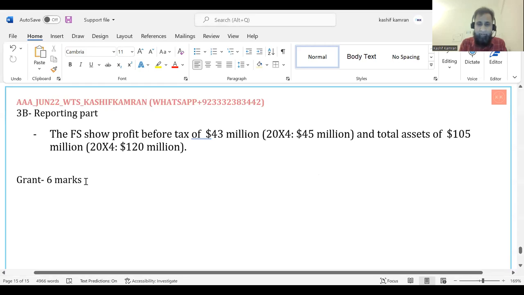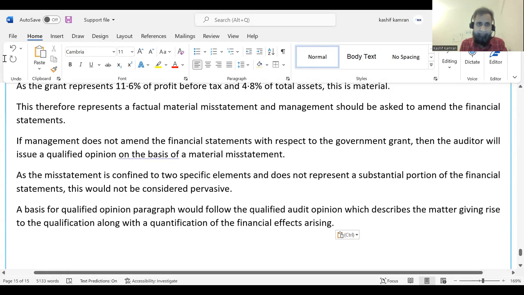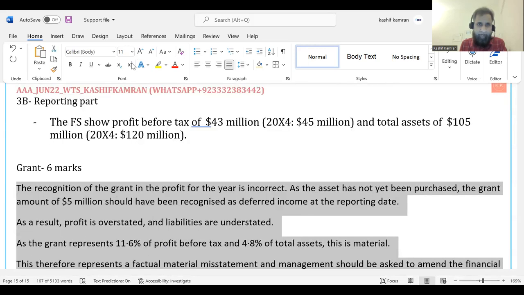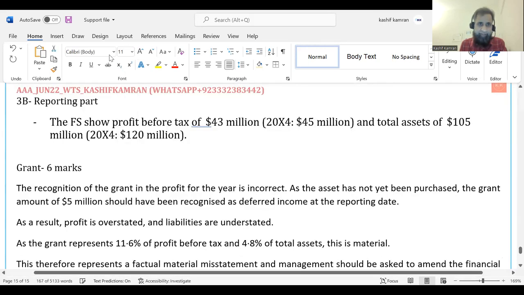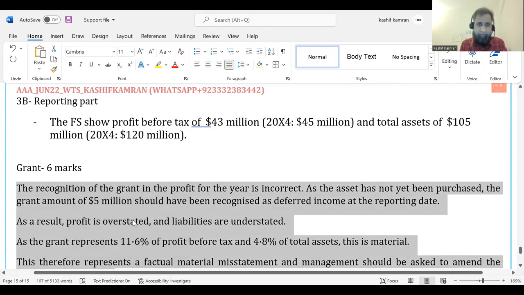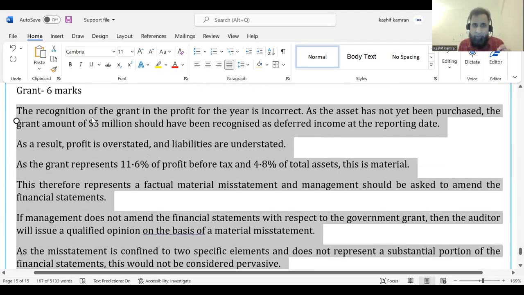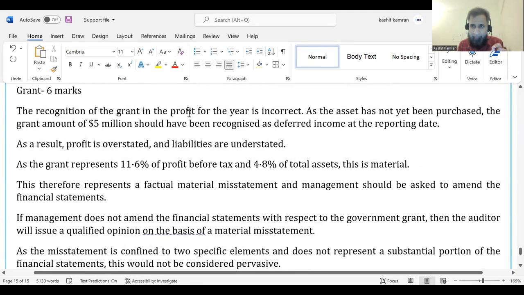Government grant, knowing the situation, see what's the answer. This is the answer. And I tried to reduce the answer length for the examination purpose. See, you know the situation, now understand. The recognition of the grant in the profit for the year is incorrect, full stop.